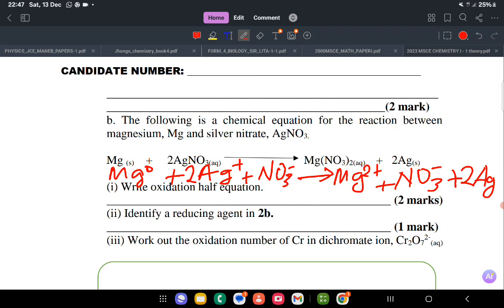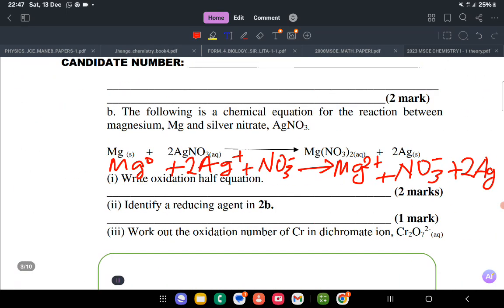If you look at what has happened to magnesium, initially magnesium was neutral, Mg0, before losing electrons, but after the reaction it has turned to magnesium ions, Mg2+. That means it lost 2 electrons. Therefore, we say that magnesium has been oxidized from Mg0 to Mg2+. So that's oxidation.